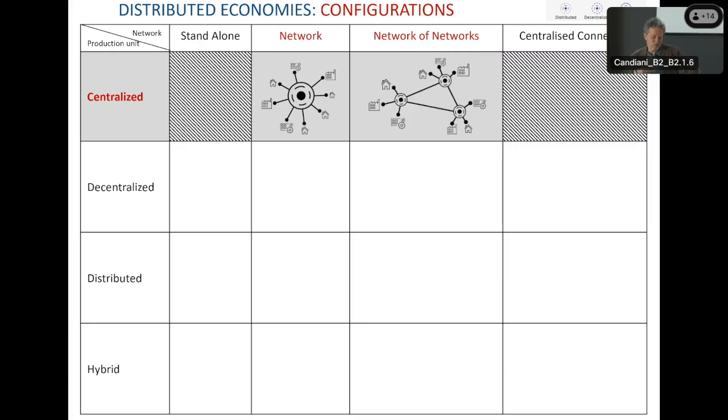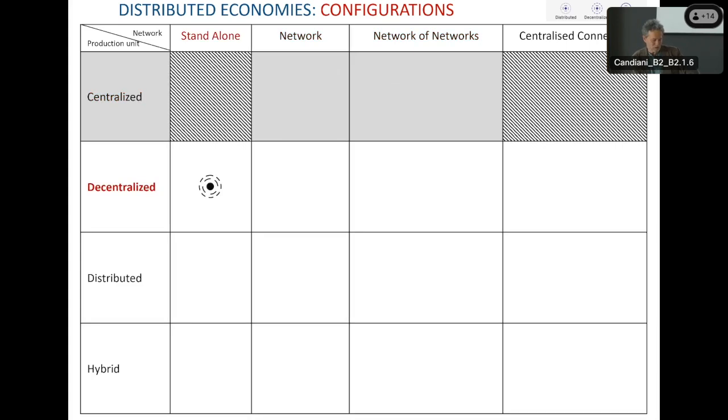Indeed, this could be a network of networks in the sense that, even though it's a centralized system, we are buying energy from France, which is produced by nuclear central plants and so on. But let's go to what interests us the most.